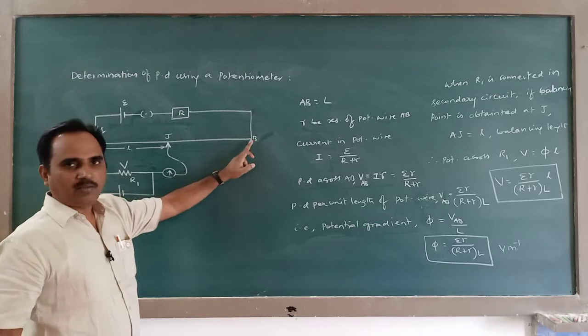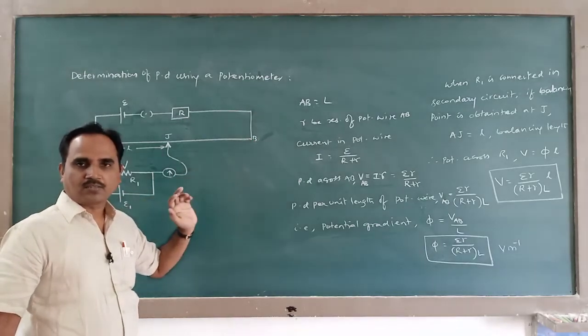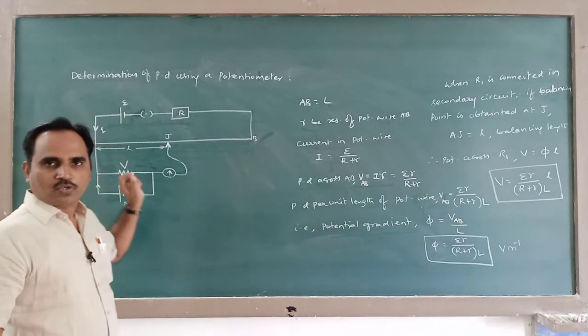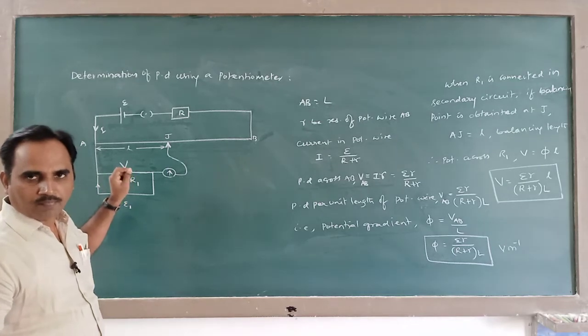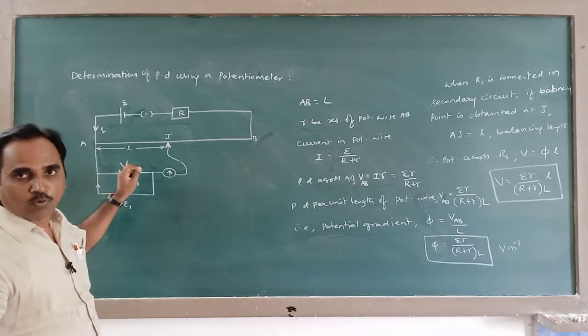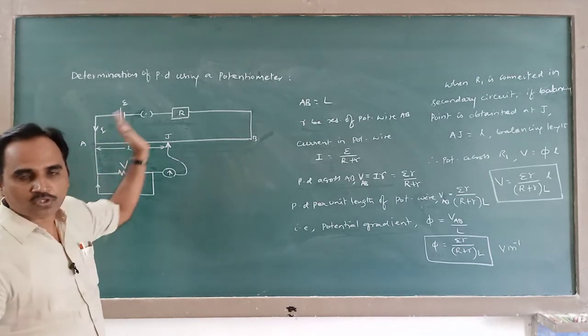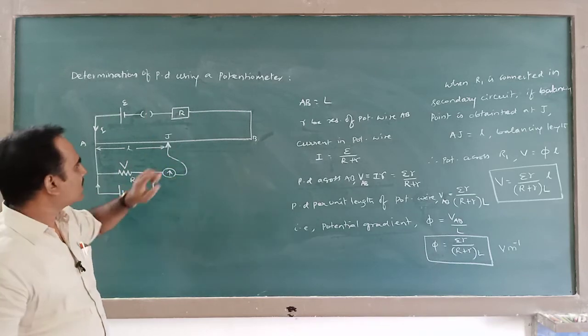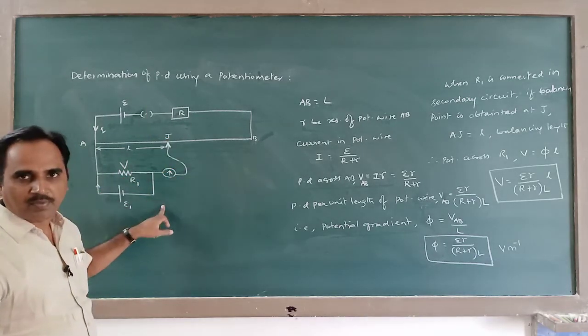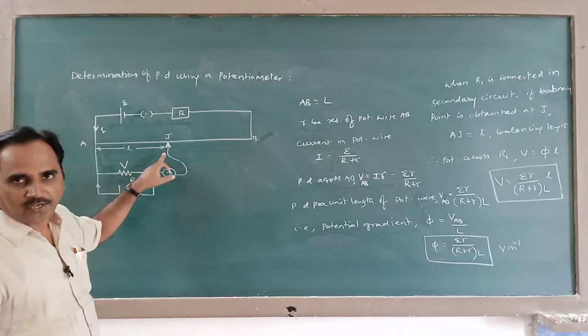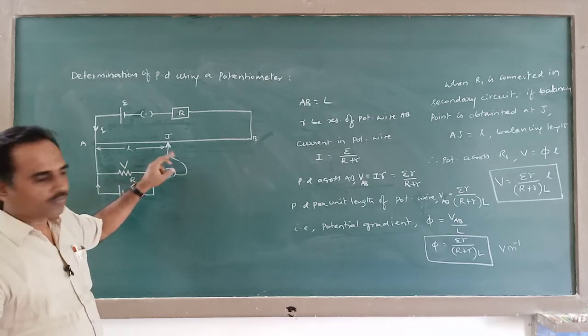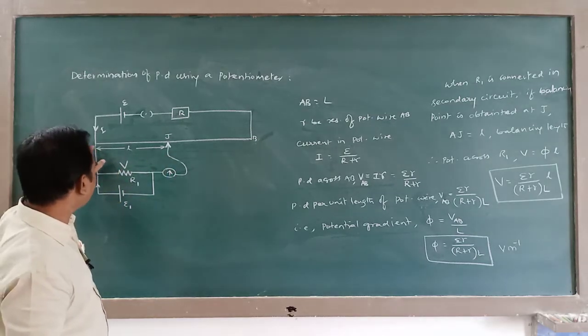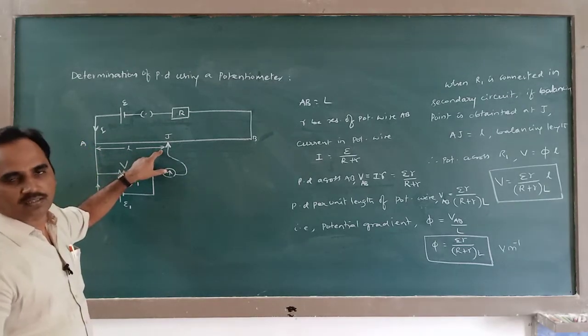When you press it at end B, deflection will be in the opposite side. So if you keep on moving the sliding contact over the wire from end A towards end B, at some point J, current through the galvanometer becomes 0. This point is called balancing point, and this corresponding length measured from the end A is called balancing length.